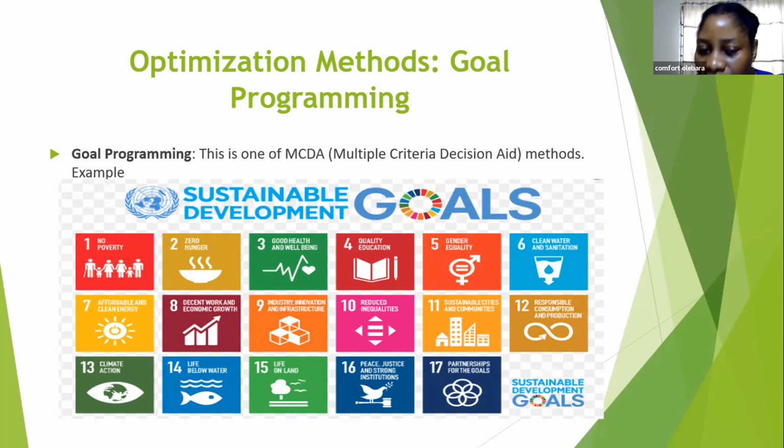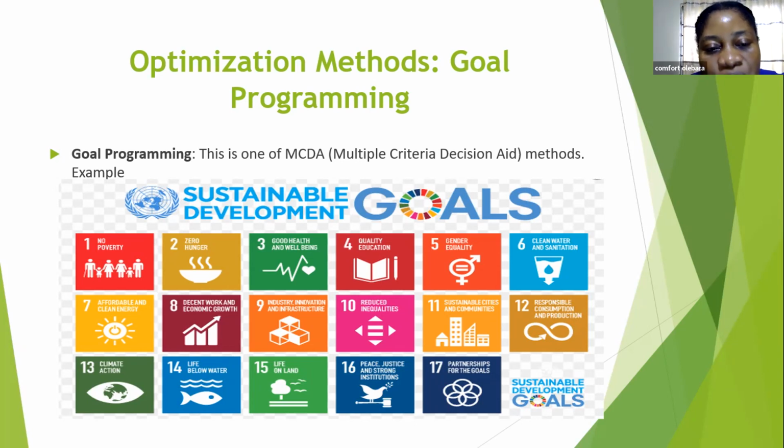Number one is setting the priorities. The second has to do with understanding the deviations. If by 2030 our level of poverty should not exceed 10% of the populace, and right now we have 50%, of course the deviation is obvious.